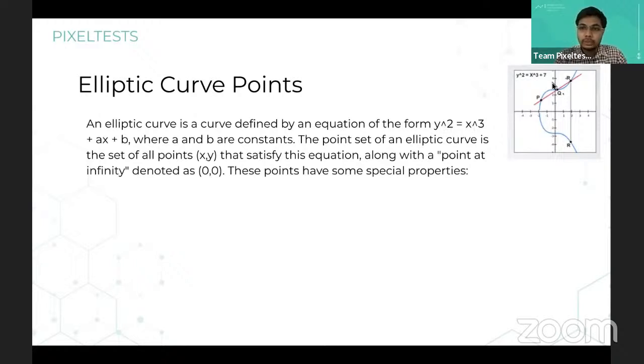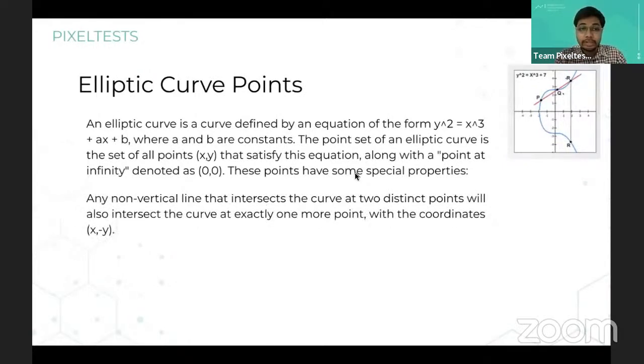So y square equal to x cube plus 7 is a specific elliptic curve. It looks like this kind of layout. Any point that satisfies this equation has a special property, right? So we'll try to understand.